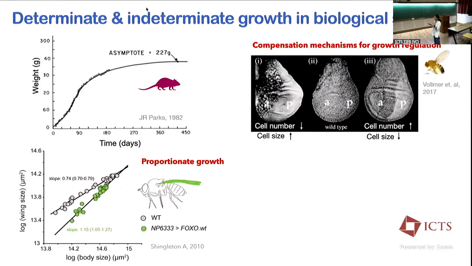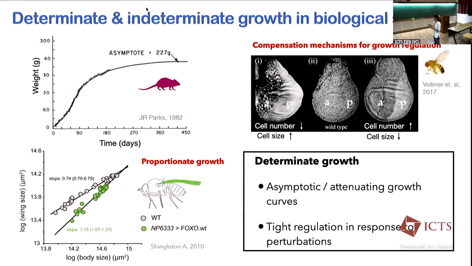So there are these compensation processes happening. And similarly, regulation also sometimes manifests as proportionate growth, where the relative sizes of tissues or organs with respect to each other or with respect to the whole are maintained. So that's what's called determinate growth, where you have these kind of growth curves and you have very tight regulation.